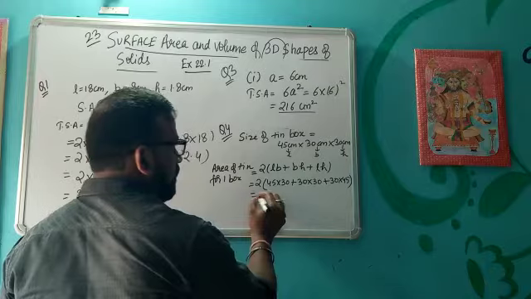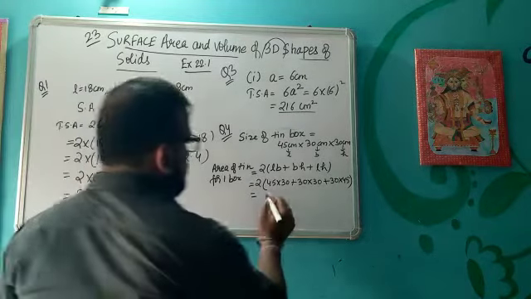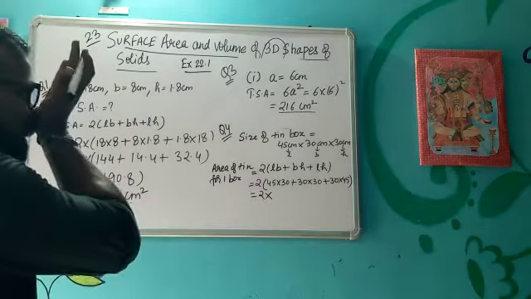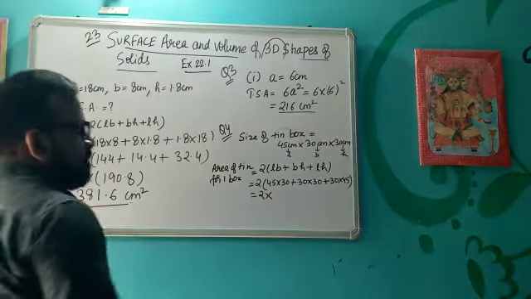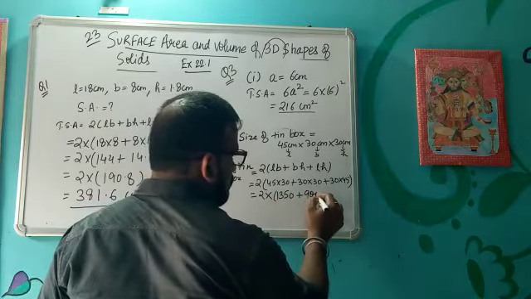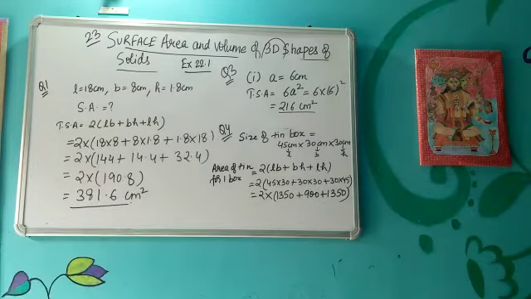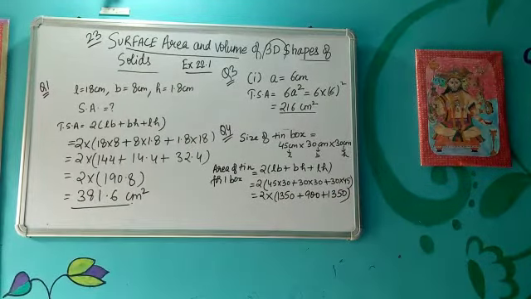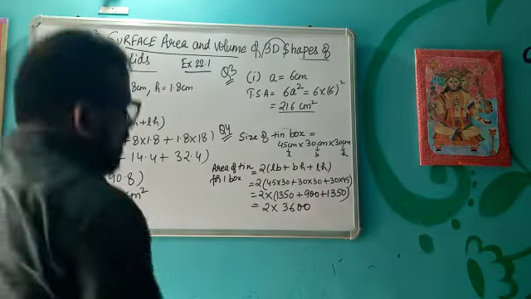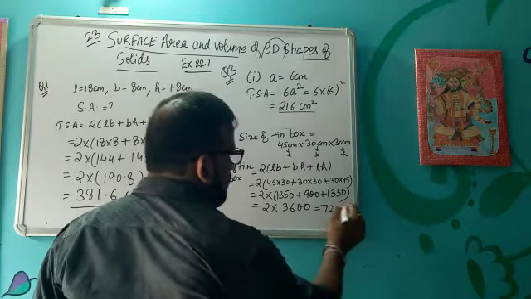This will be our formula for calculation. When we solve it, what is the area we got? 7200 centimeter square.